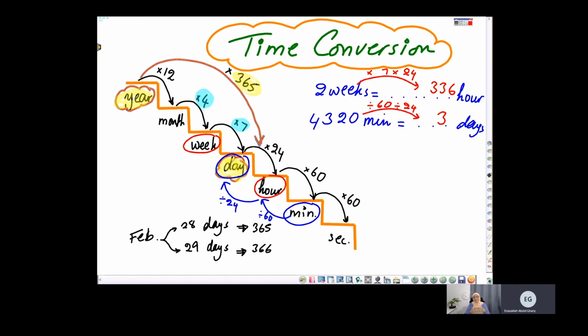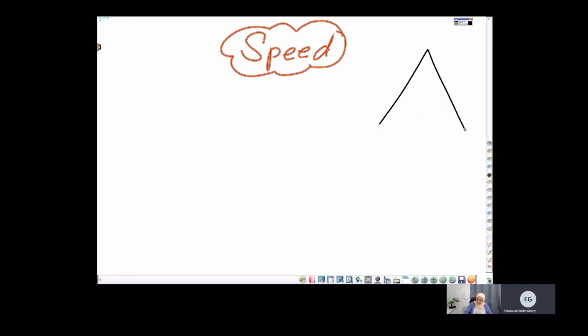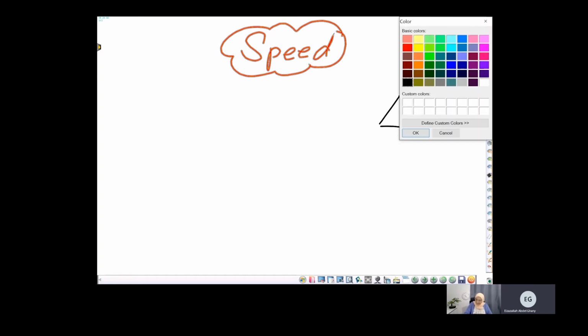What does it mean? It's speed. Speed is the rate of change of distance with respect to time. Now let's speak about speed. Here's the famous triangle. It's the golden triangle.